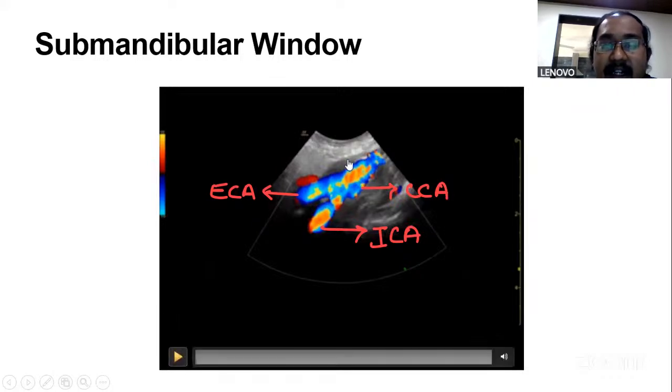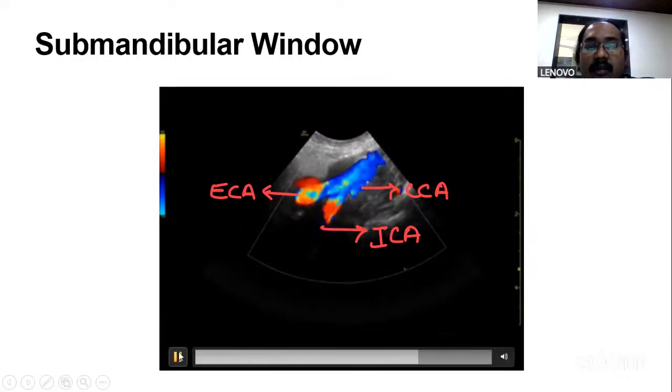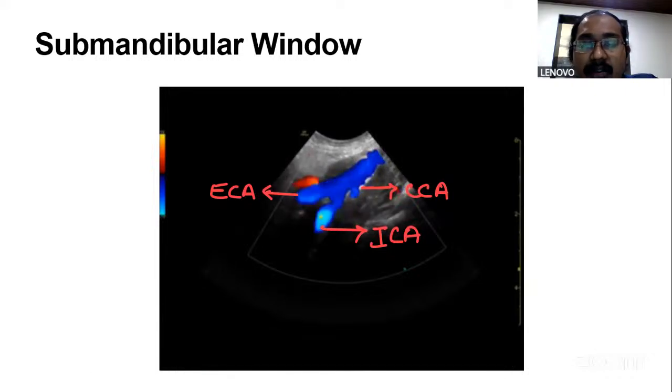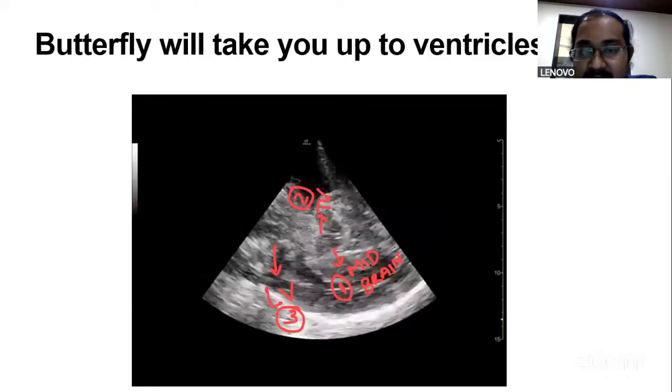You can see this is the common carotid artery coming, and the internal carotid artery lies posterior inferior to the external carotid artery. This is the external carotid artery, below it, posterior inferior, we get an ICA. You can see a nice pulsating waveform. So this is ECA and ICA arising from the common carotid artery.